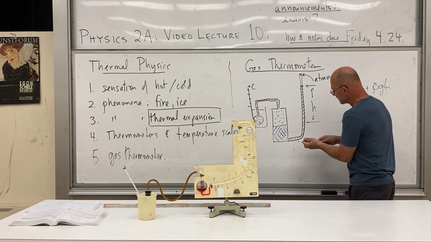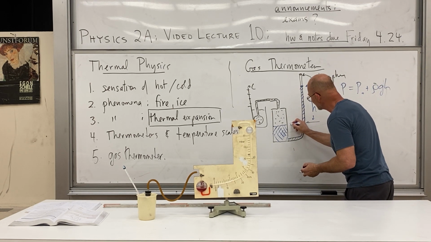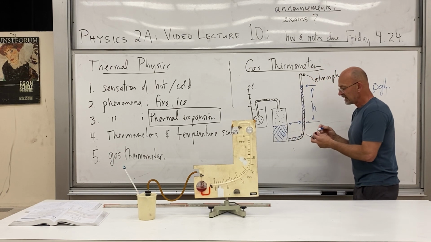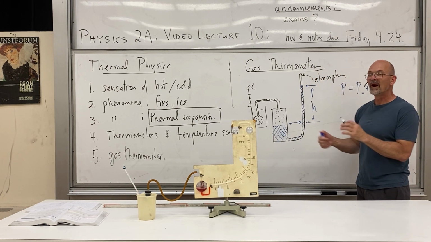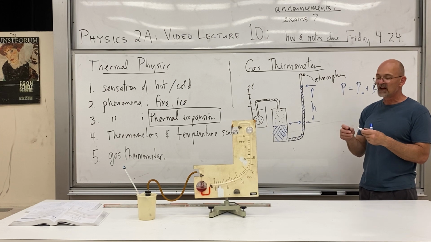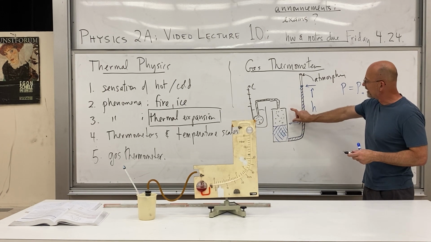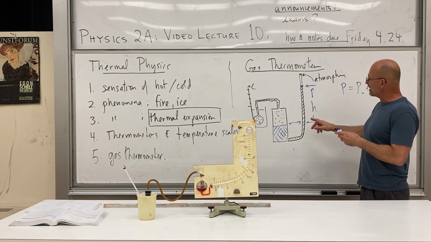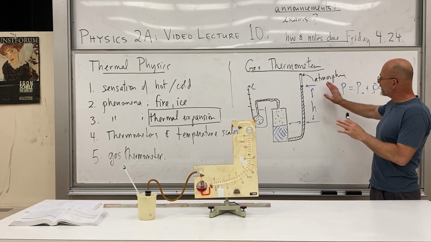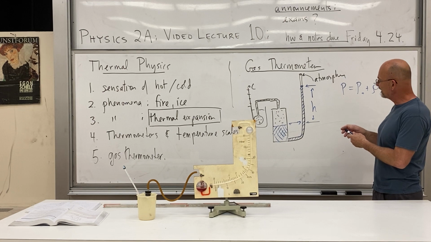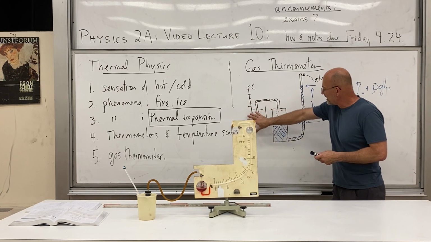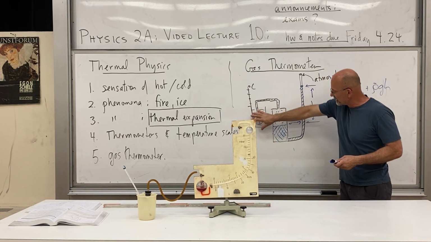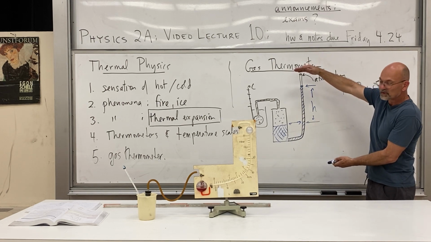And to do this right, technically you have to have what's called a constant volume gas thermometer. You have to keep this volume constant. And the upshot of this experimentation is that you've got a temperature and you've got a pressure. The temperature increases, the pressure increases.